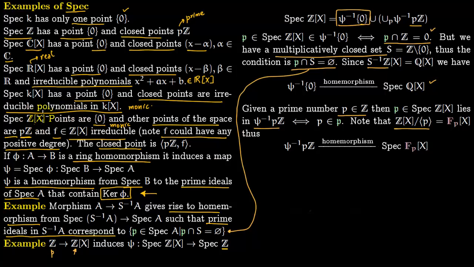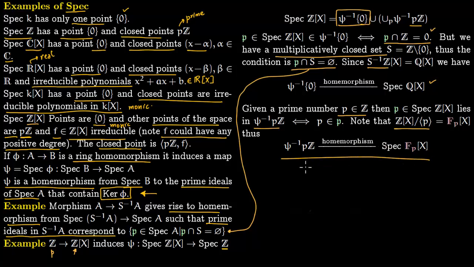First, we are using the property of Spec Z[x] because it inherits the prime ideals from Z of this form, and second, we are using this kernel of phi, which is forcing this map. So Z modulo the prime ideal p gives you F_p[x], because this x comes here, and Z modulo p gives you F_p. So again you have a homeomorphism like this from Psi inverse of p_Z to Spec of F_p[x].